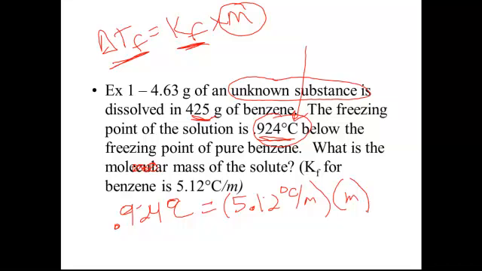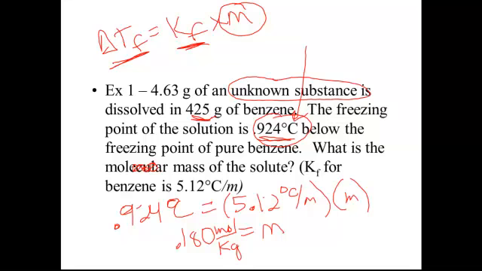To get little m by itself, we take 0.924 and divide by 5.12, and I get a molality equal to 0.180, and again, that's moles over kilograms.